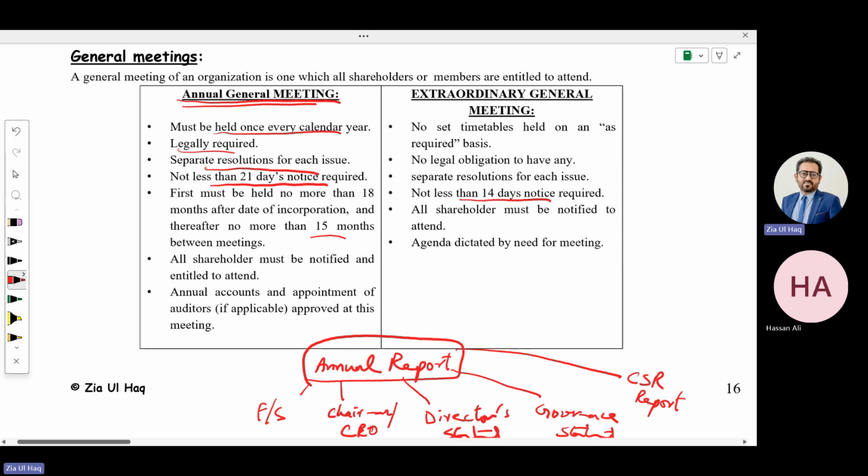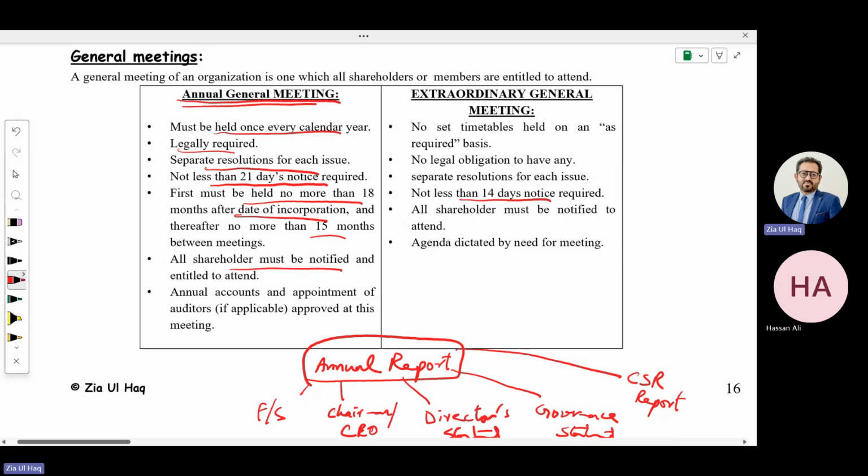And the company needs to conduct its first AGM within 18 months of company incorporation. It's better if after a year, but within 18 months of company incorporation, meaning company birth, the first AGM must be conducted. And after that, every year once, but the gap should not be more than 15 months.